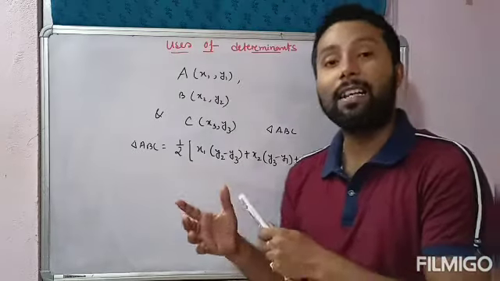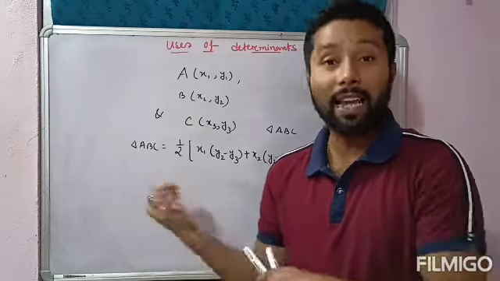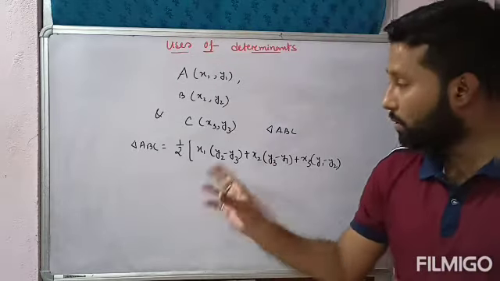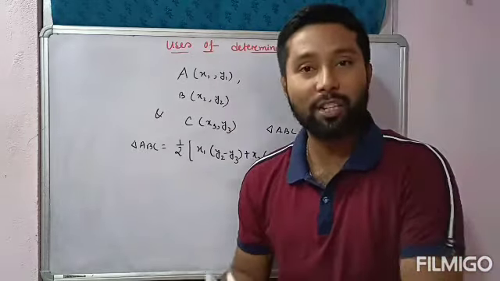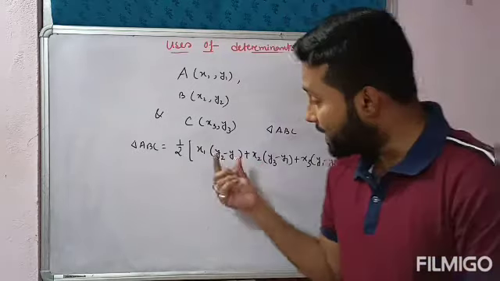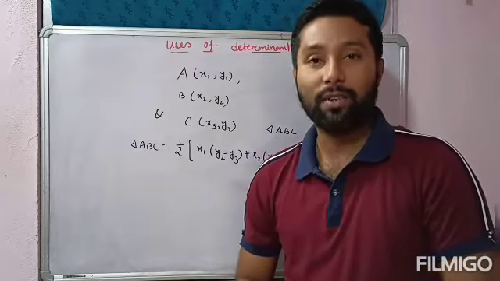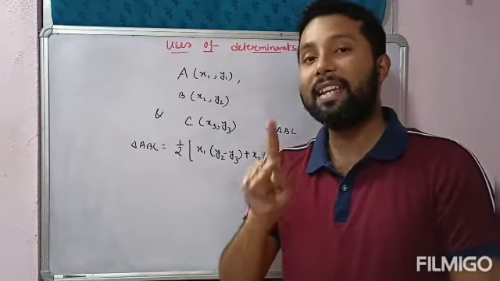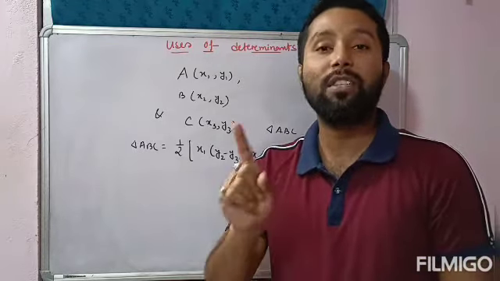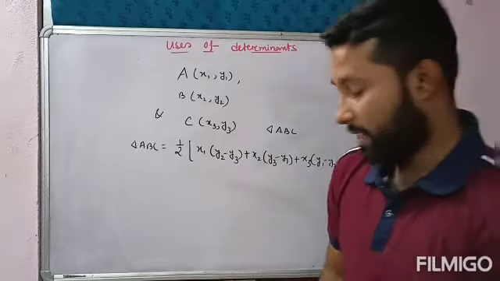But where did this result come from? There must be some derivation, some explanation, right? So this result came from the concept of determinant. To find the area of a triangle, we can use the concept of determinant. Let's see.